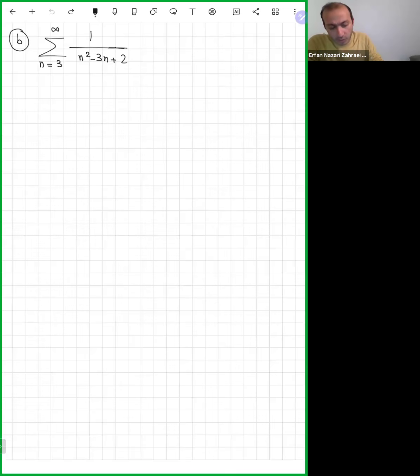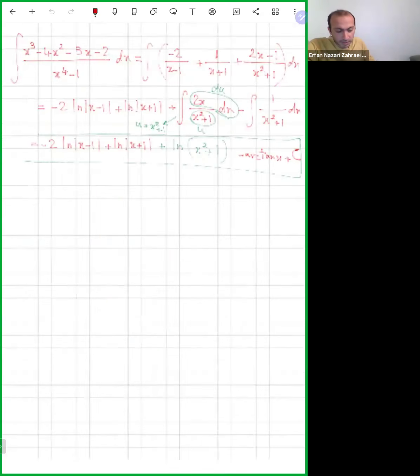But it doesn't look like a telescoping series in this form. I need to rewrite it in a form that is telescoping. This suggests to me that it should be written as a difference of two things. But I already know a method to write a rational function as a sum or difference of things.